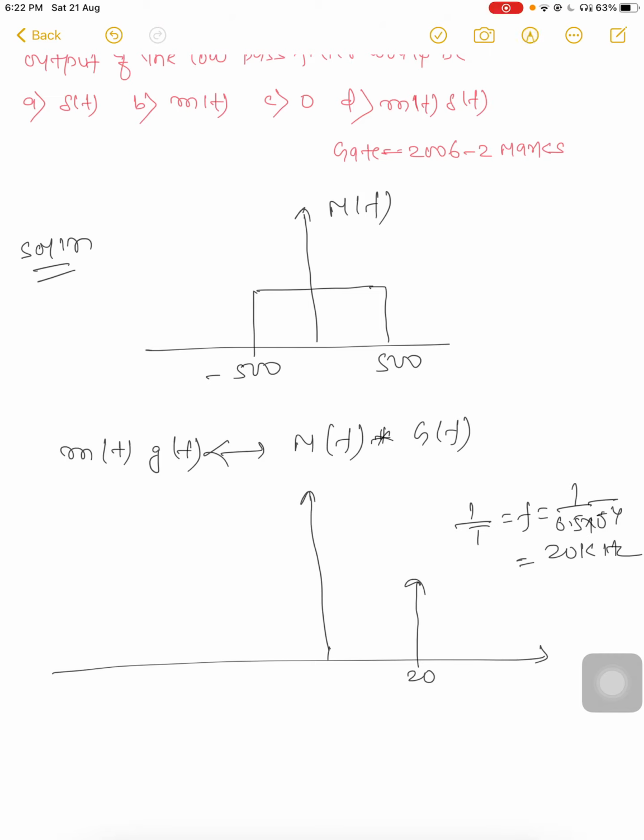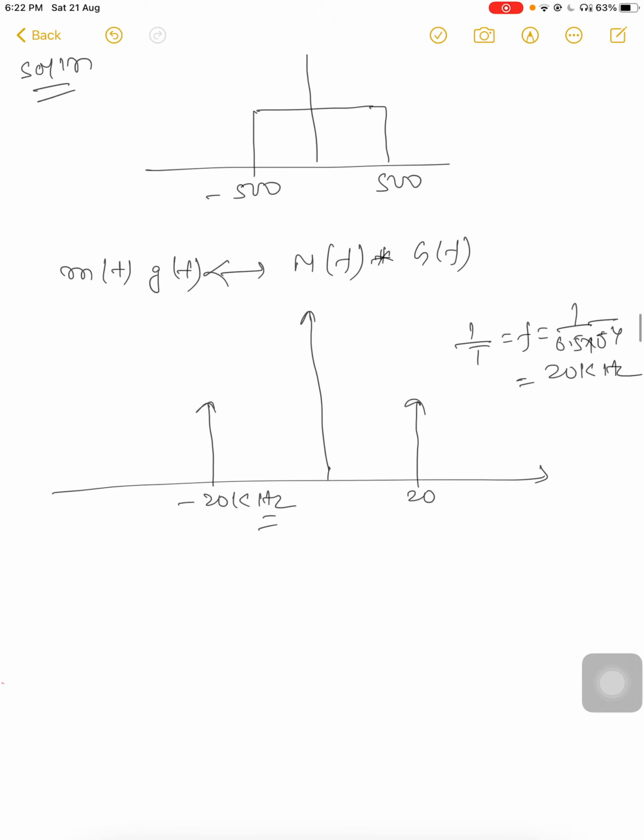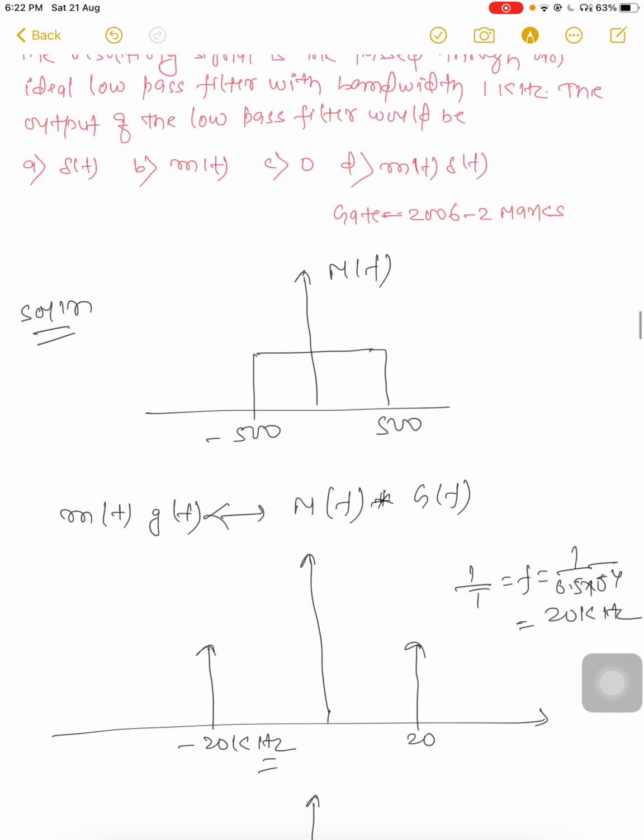So here you will get an impulse at 20 kilohertz, and on this side also plus minus, minus 20 kilohertz. After multiplication, the convolution will give the shift.